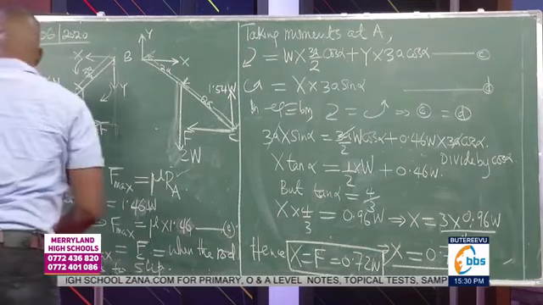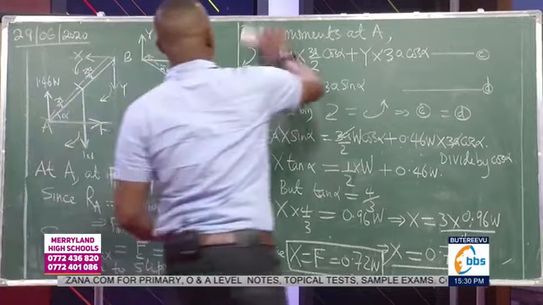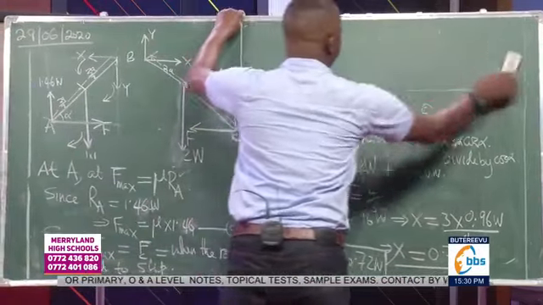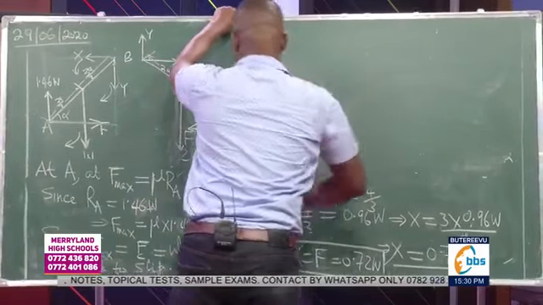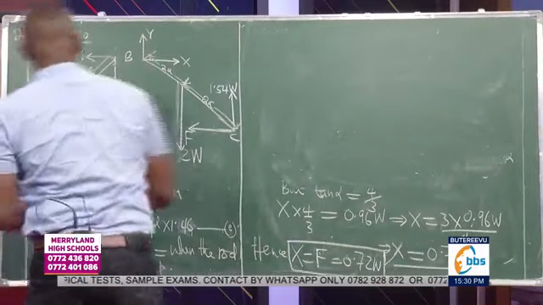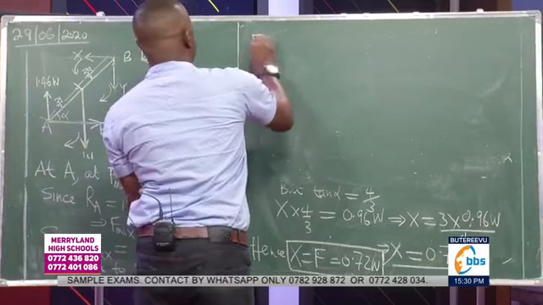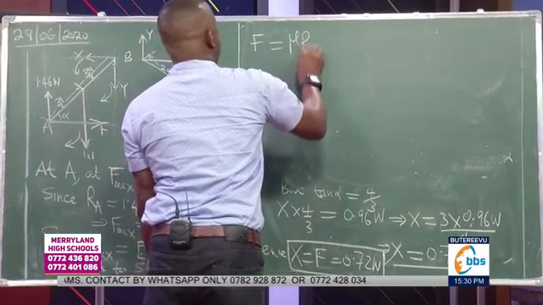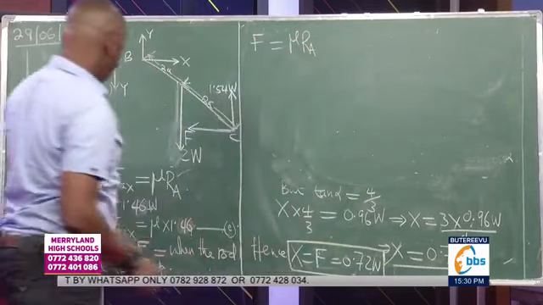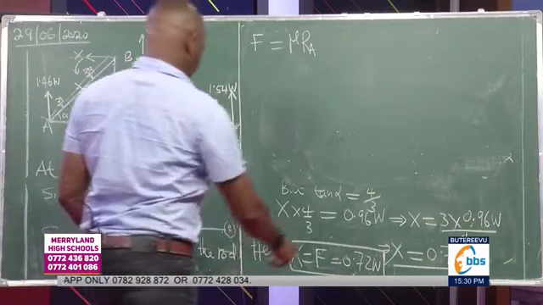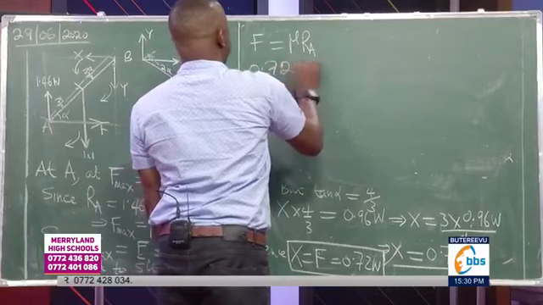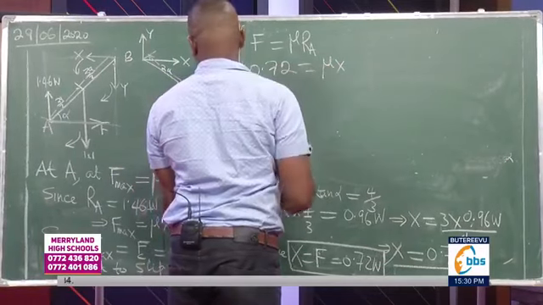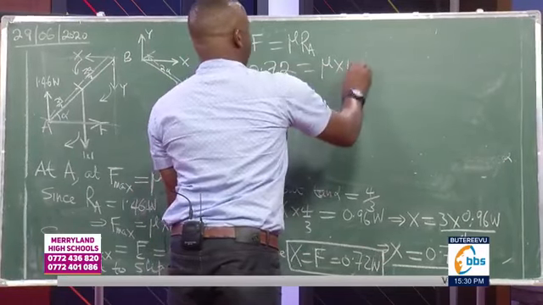So if the rod is about to slip, it implies that the maximum force at A, the force F, will be equal to mu RA, and we have the value of F here as 0.72. So 0.72 will be equal to mu times the normal reaction, which is 1.46.